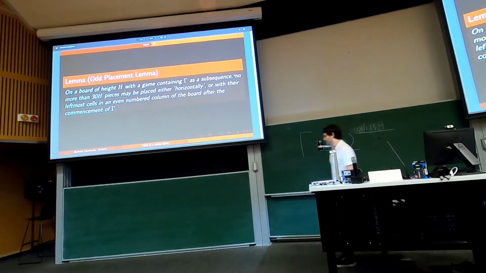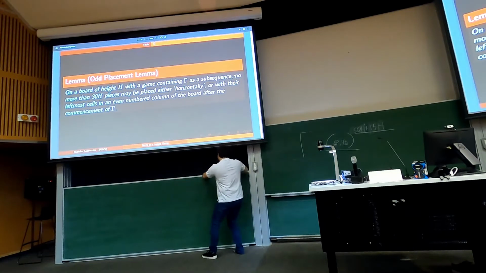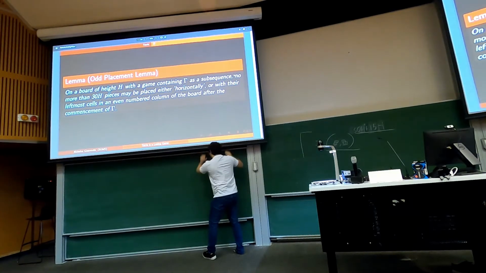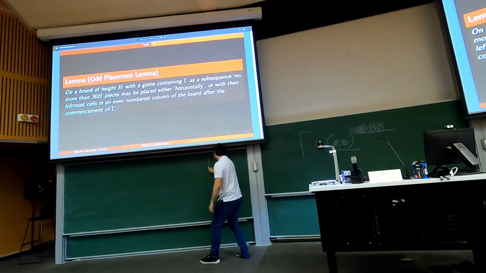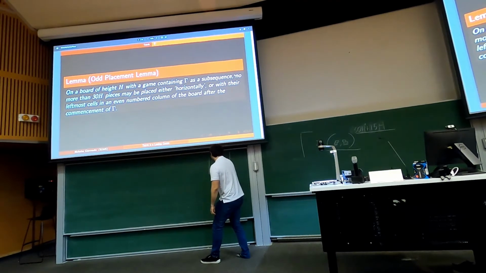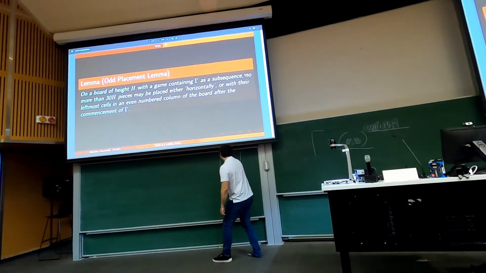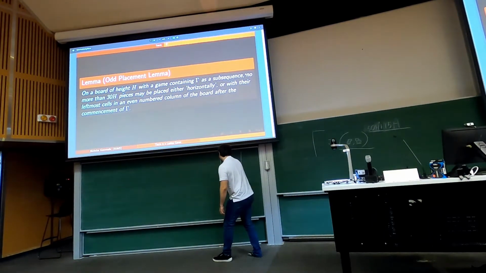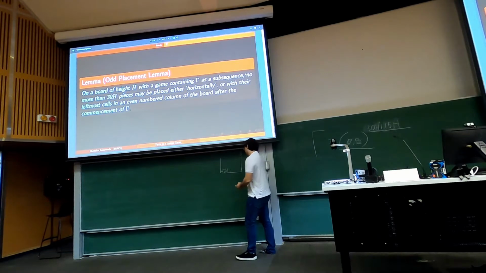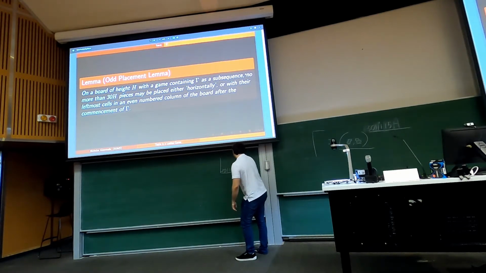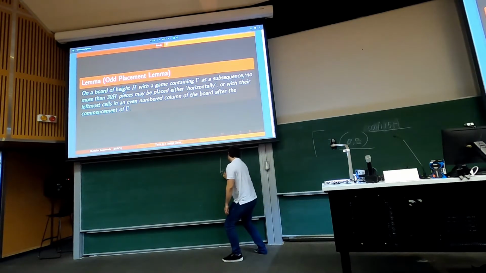I know that sounds a little bit strange, so I'll be very clear about what I mean. If we have some kind of board with some columns, we're only allowing a finite number. So this is a horizontal placement. And as far as the column numberings go, this is 1, 2, 3, 4.